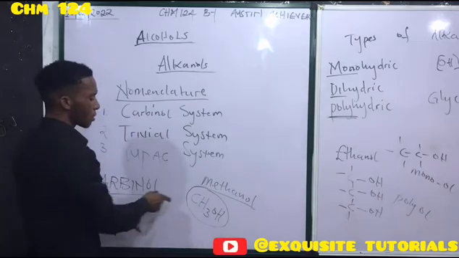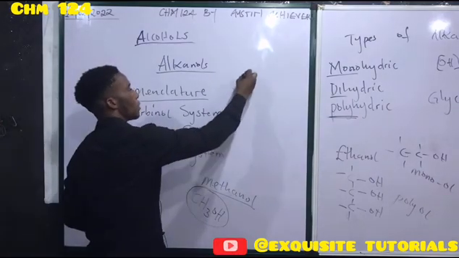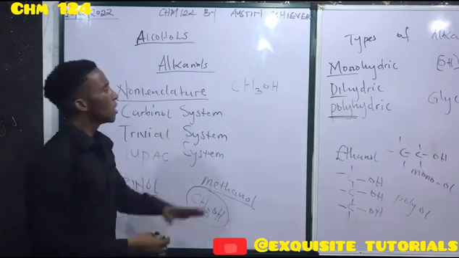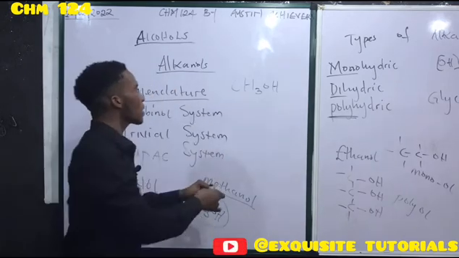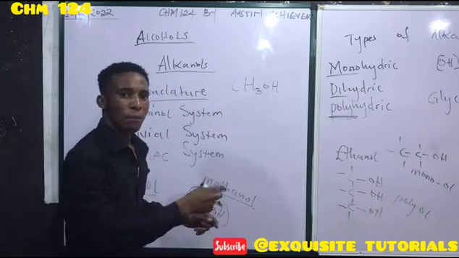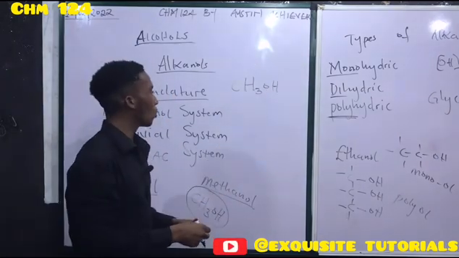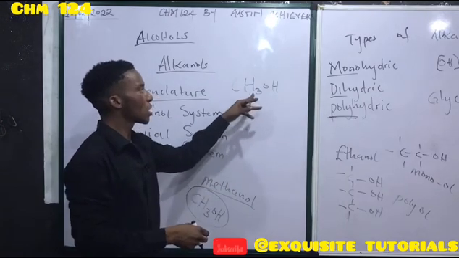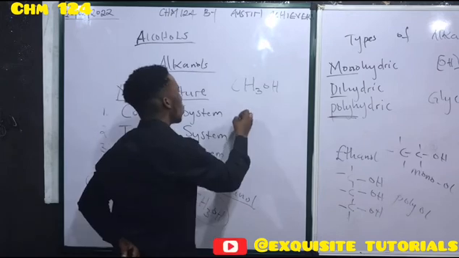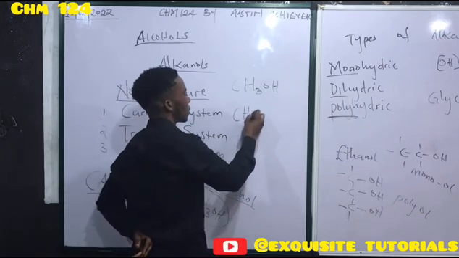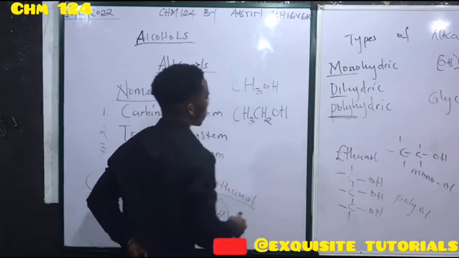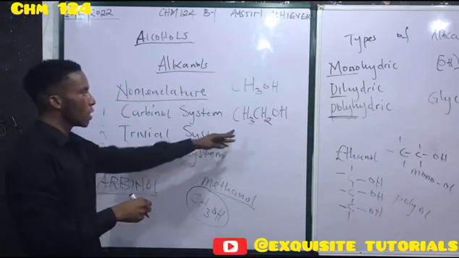Now, if I say this, for example, look at me. The manner in which this hydrogen is being substituted determines the name of this alcohol. For example, look at this. What is the name of this?